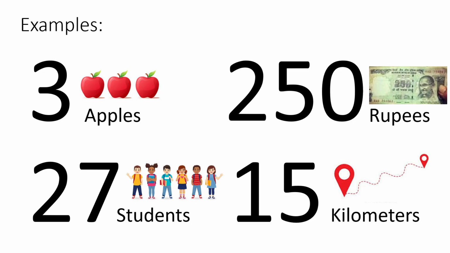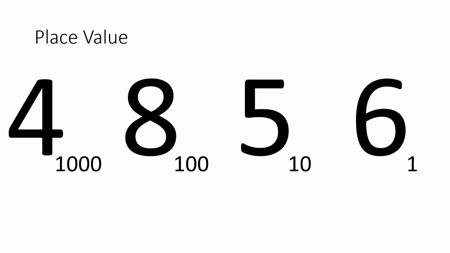So first of all, we have to understand the place value of numbers. What does place value mean? If we look at this slide, we can see some numbers written in bold, very large: 4, 8, 5, and 6.